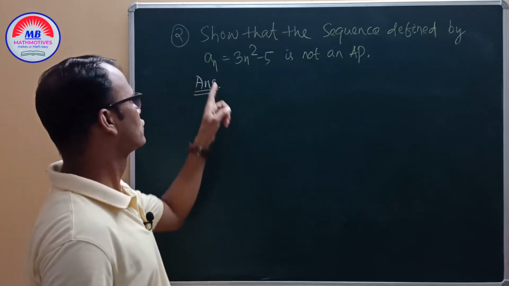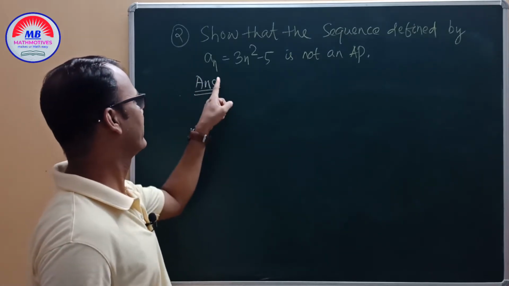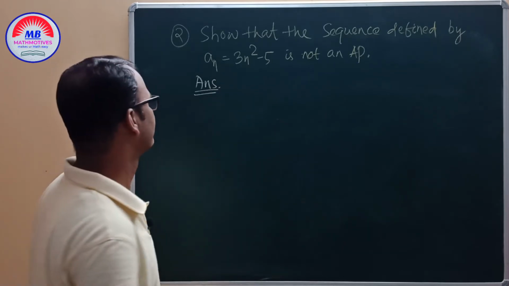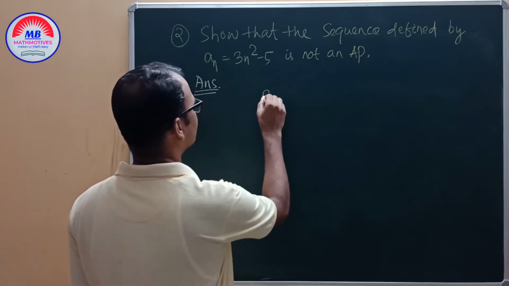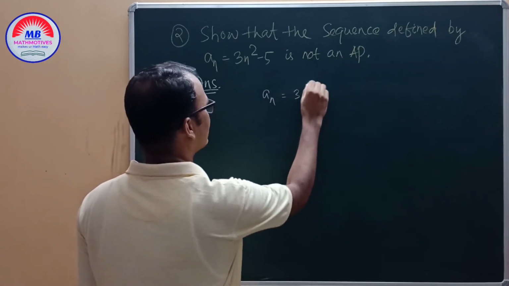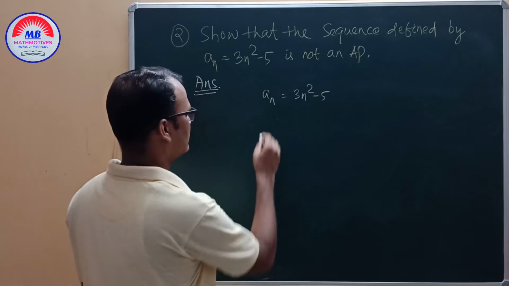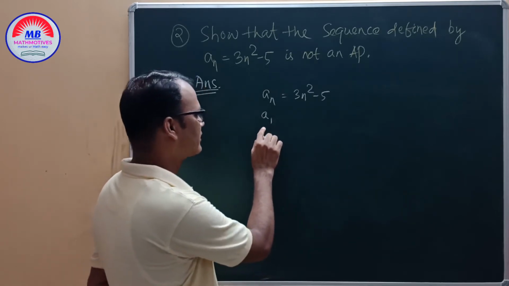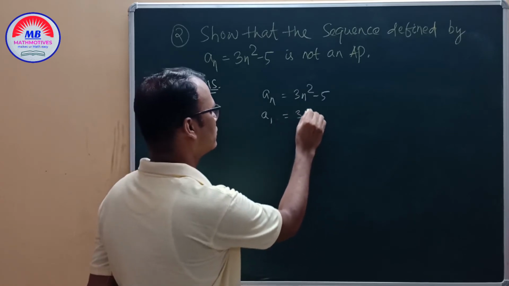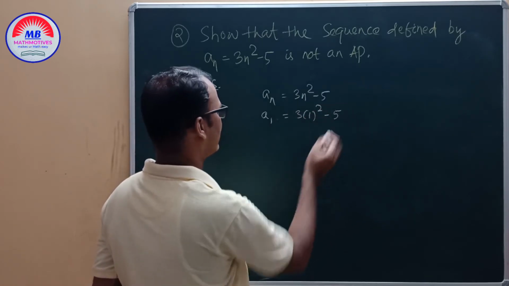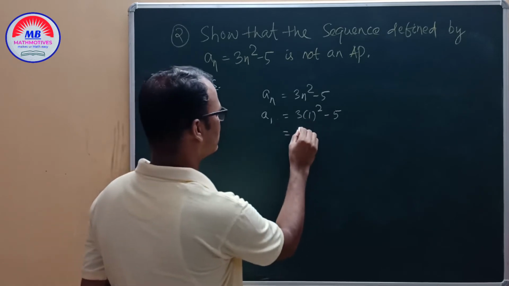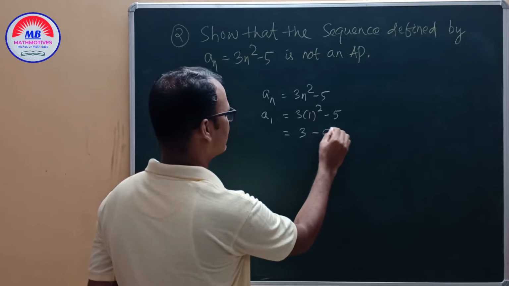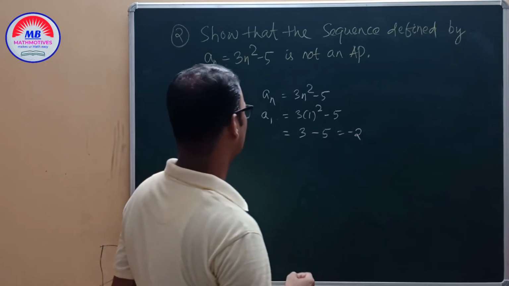Question number 2, show that the sequence defined by an equal to 3n square minus 5 is not an AP. So first you write an equal to 3n square minus 5. If you put 1 in place of n, a1, that is first term, is equal to 3 into 1 square minus 5, that is 3 minus 5, equal to minus 2.